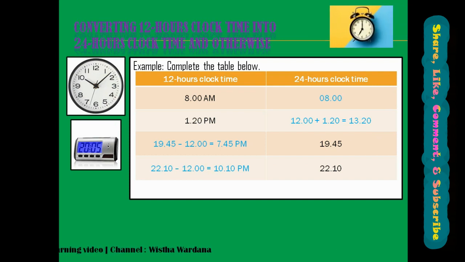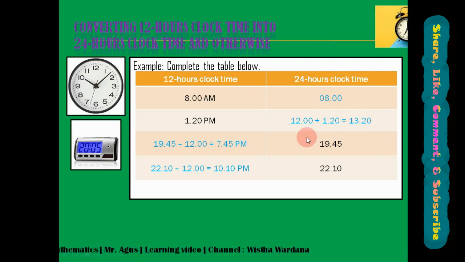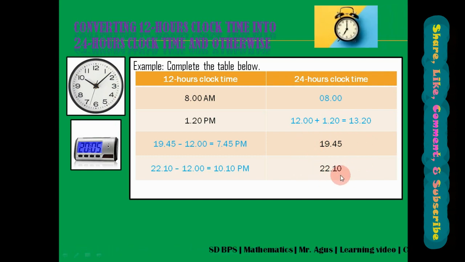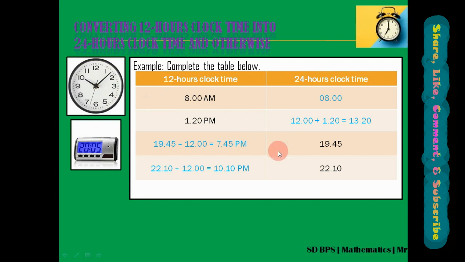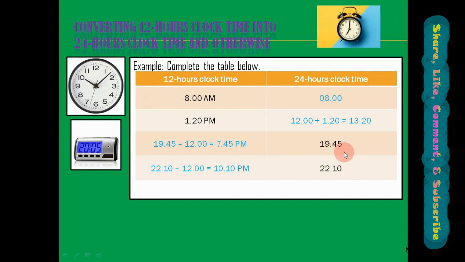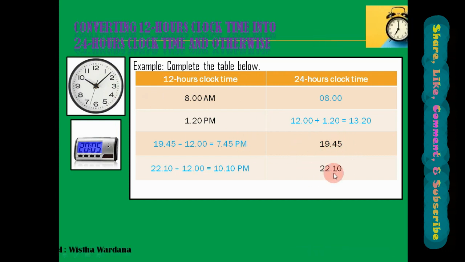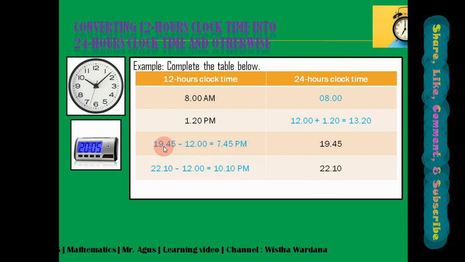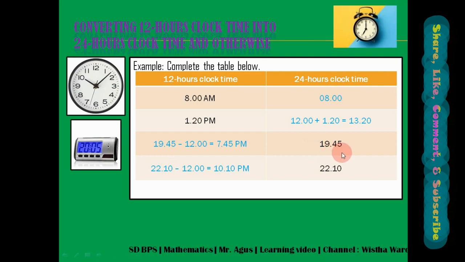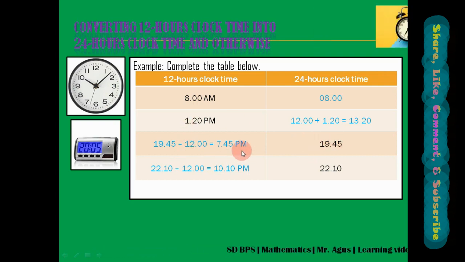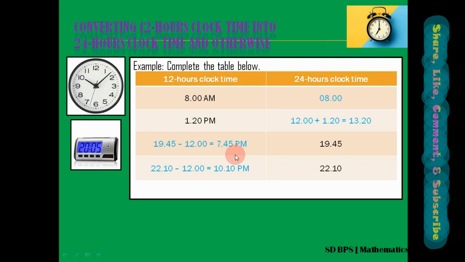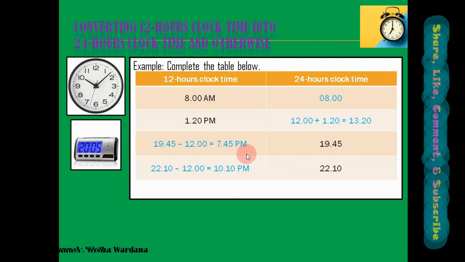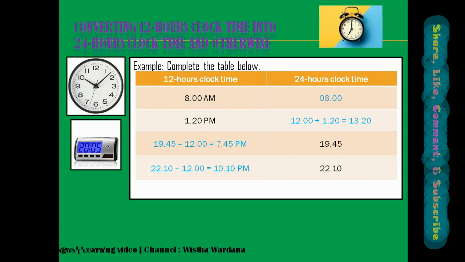For number 3 and 4, we have the time in 24-hour clock time. We want to change it into 12-hour clock time. And you have to subtract 12 from the time given. So, 19:45 will be 7:45 p.m., or you can say 15 minutes to 8 in the evening.